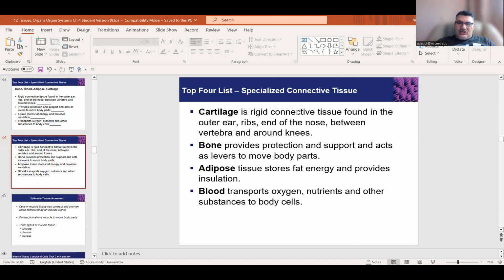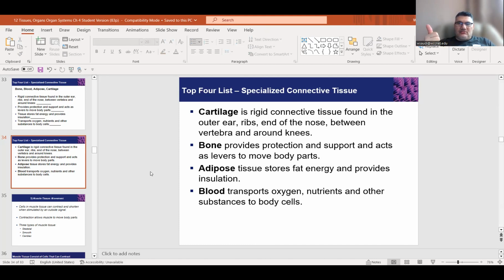Cartilage, again, is rigid, but not as strong as the bone. Location depends on which type, and I talked about it. You need to know it. Bone: protection, support, plus storing calcium and minerals, plus making blood. Adipose tissue, fat. Why do you have fat?